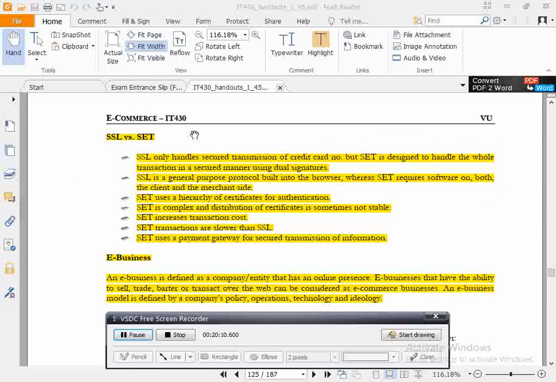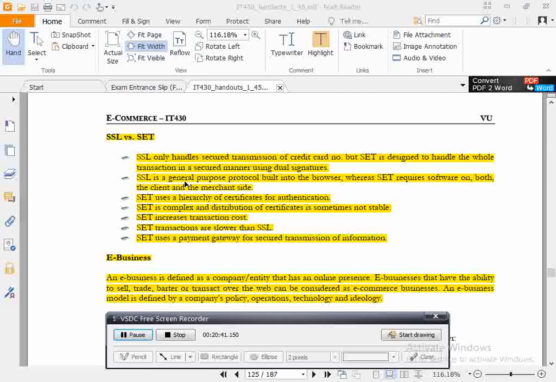SSL vs SET. SSL only handles secured transmission of credit card numbers, but SET is designed to handle the whole transaction in a secured manner using dual signature.